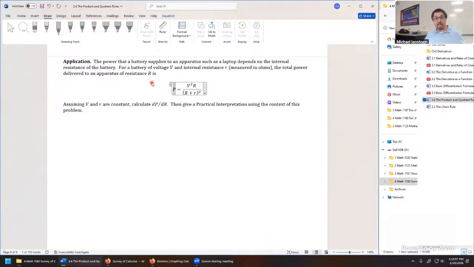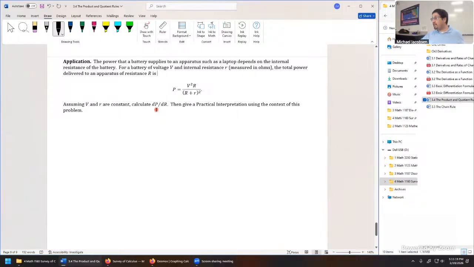This is the power being supplied to your battery. Numerator is the battery's voltage squared multiplied by the resistance of your, say, laptop. And notice the denominator is the resistance of the laptop plus the internal resistance of the battery, lowercase r, to power 2. So it's kind of a curious formula.